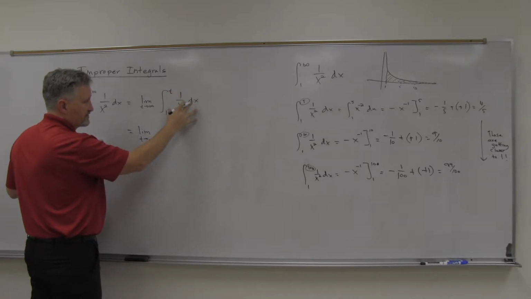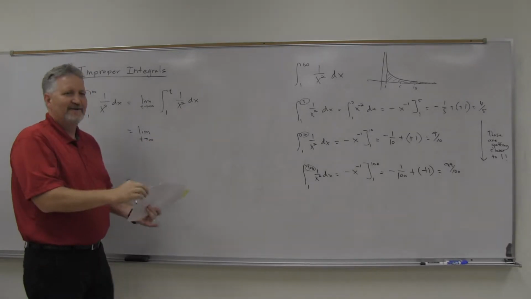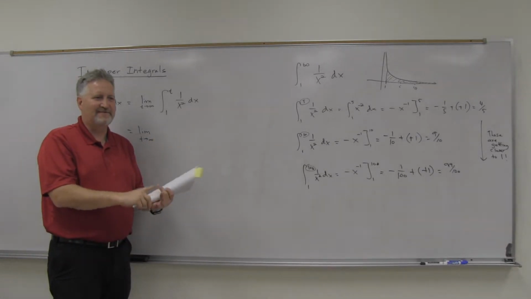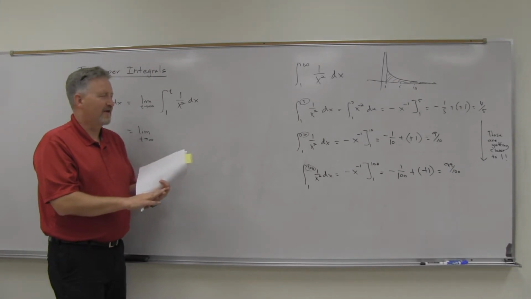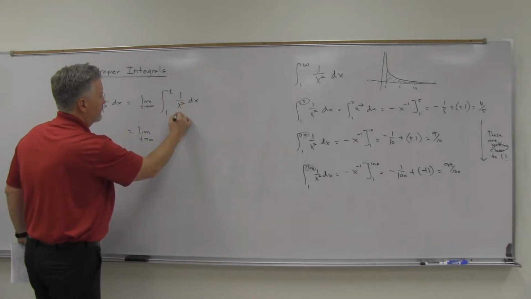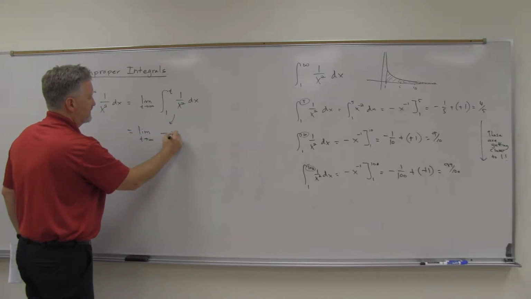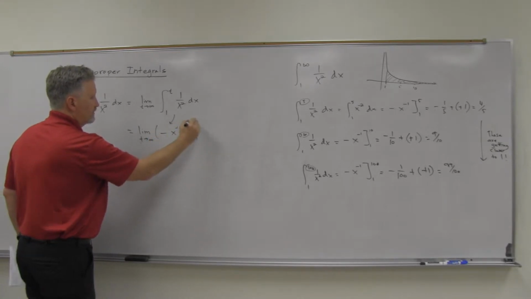The process here is the same as, you know, you got to do the antiderivative, however, parts, u substitution, you're just going to do that antiderivative, so you have to know that stuff too, and we've already done it. We know that the antiderivative here is negative x to the minus 1, but we're going to do that from 1 to t.